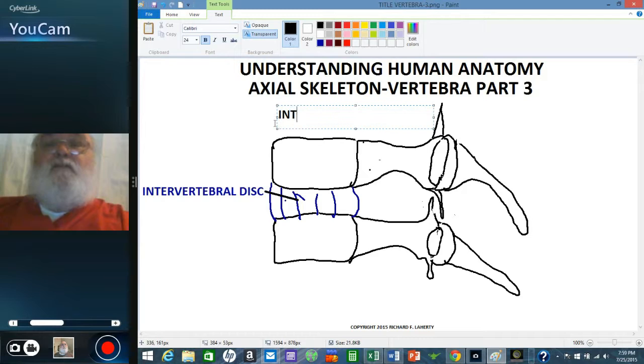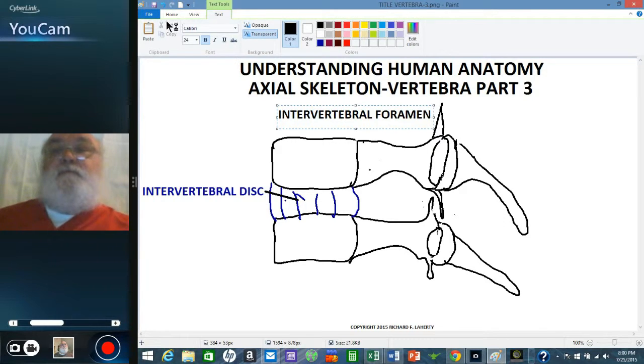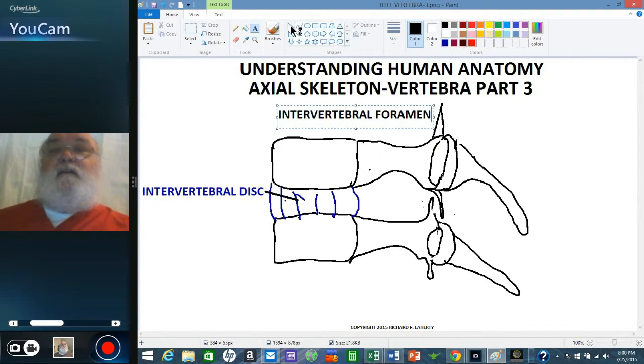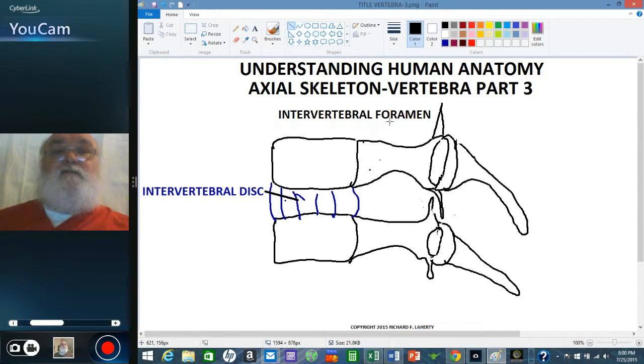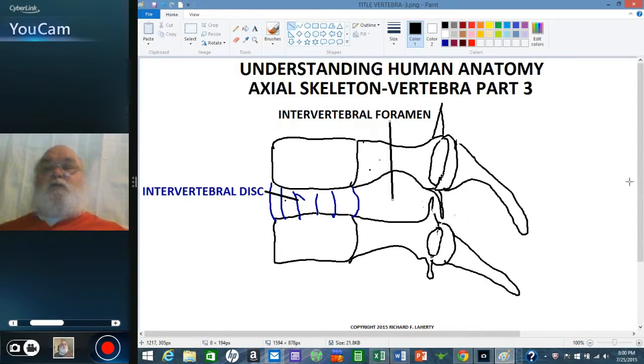This is the intervertebral foramen. It is there to allow spinal nerves, which form from the spinal cord, to exit the vertebral canal so that they can get out to the tissue.